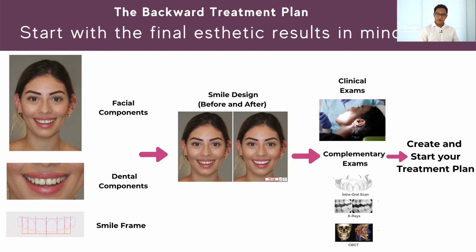Once you have your smile design ready, which you will see is very simple to do with the help of artificial intelligence, you can then have your clinical exams and complementary exams be the base for your overall treatment plan. And then you can show the patient the treatment options.